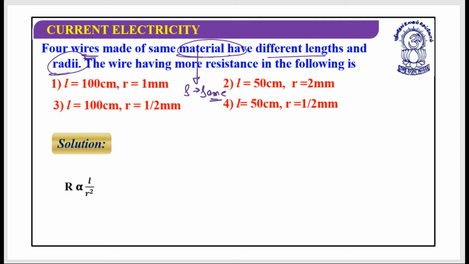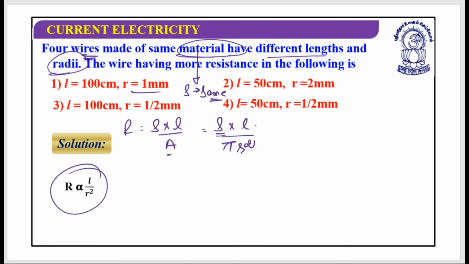The wire having more resistance in the following is, so I understood that R is equal to rho into L by A, but I have not been given the area, but the radius. So I can write R is equal to rho into L divided by pi into r square. Rho is constant because they said they are made from the same material, and pi is always a constant. So resistance is directly proportional to L by r square.